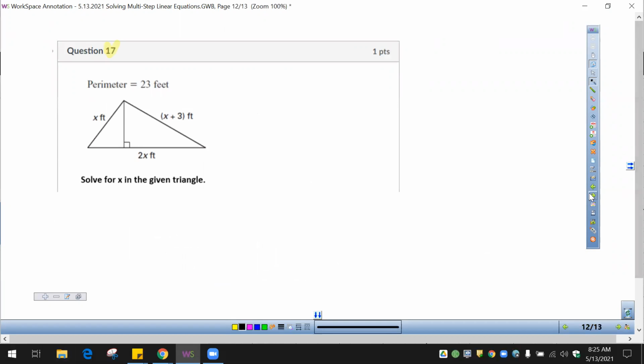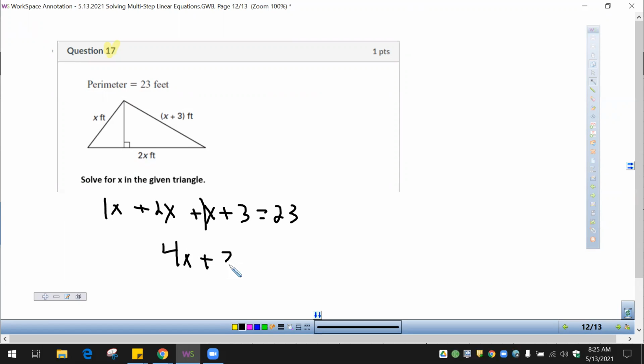All right. On these last two that are perimeter ones, we'll do this one. They want you to solve for x. You know the perimeter is 23, so you would add up all the sides. It would be equal to 23. So you would add up all the x's, 1x, 2x, and x. That would give you 4x plus 3 is equal to 23.